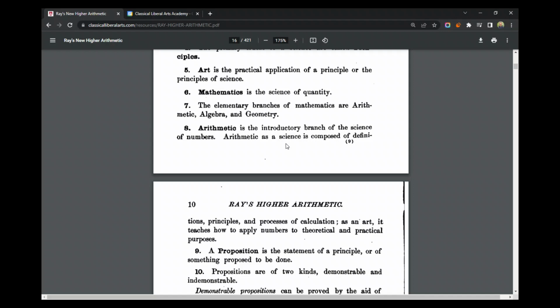What terms mean, what the primary truths are, and how to perform calculations. As an art, arithmetic teaches how to apply numbers to theoretical and practical purposes.